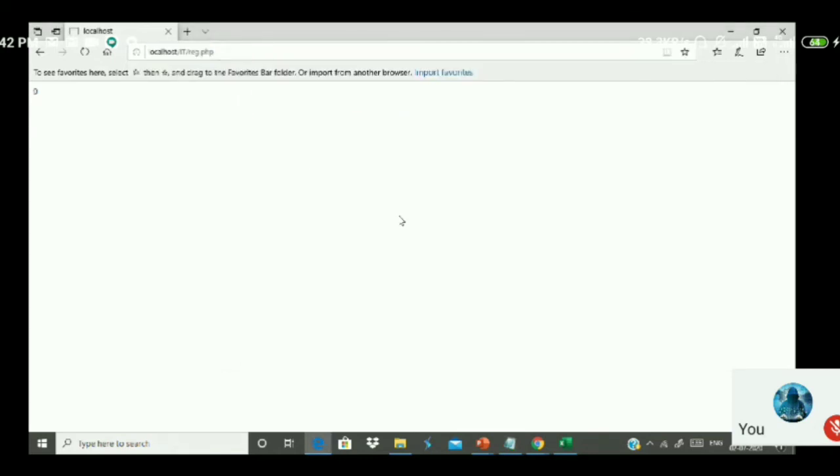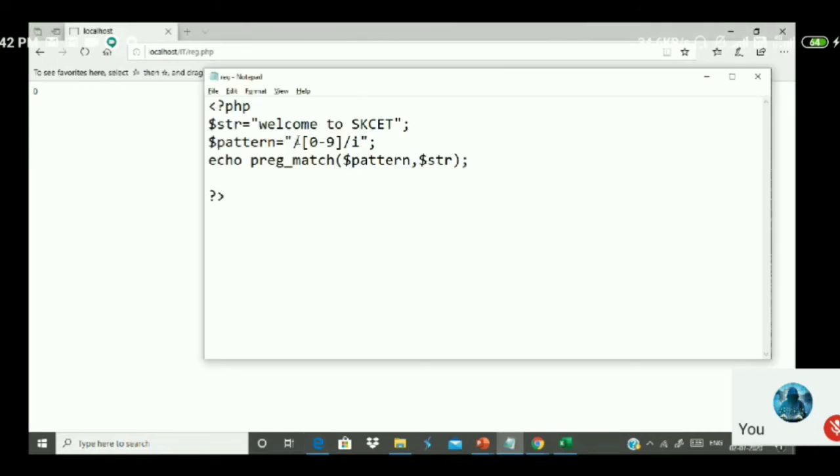I will get a 0 because this is not a pattern of 0 to 9. You can write like this. 0 to 9 means it includes 0, 1, 2, 3. Are you able to understand? 0 hyphen 9: when I use a hyphen, it ranges from 0, 1, 2 up to 9.